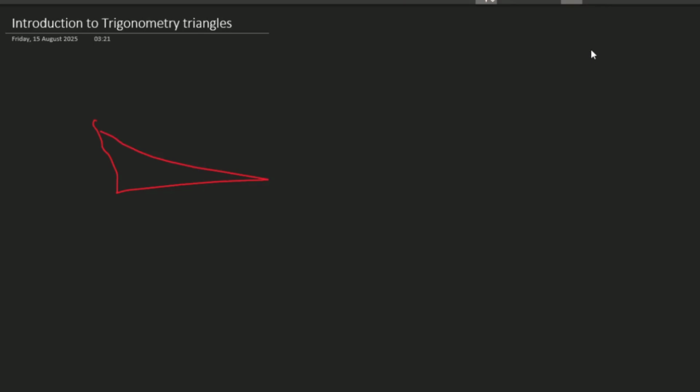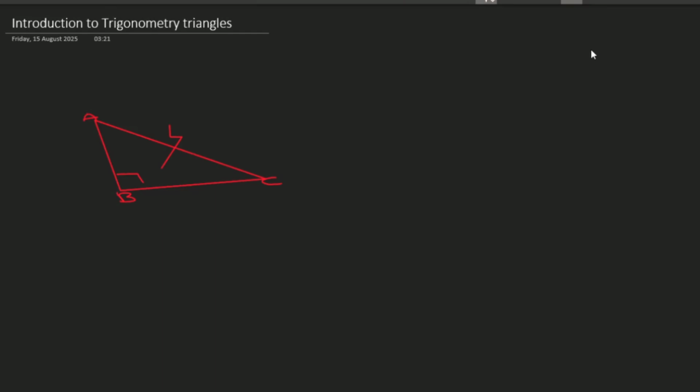Our right-angled triangle will always have something called a hypotenuse. So let's call this triangle A, B, C. Call this triangle ABC.